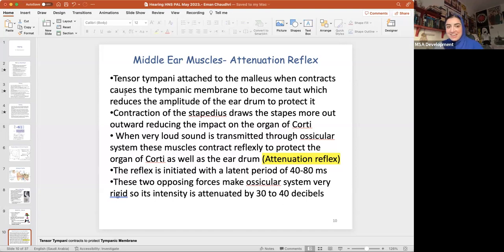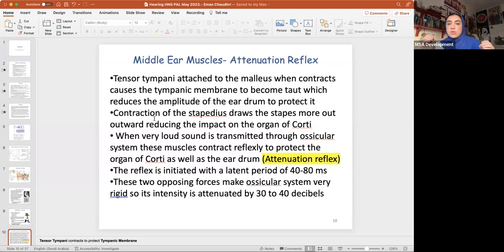I know I keep saying that, but this all kind of builds upon each other because sound travels from out to in. So we have to talk from out to in. So think of the tensor tympani acting on the tympanic membrane. So remember, membrane, malleus, tensor tympani, tympanic. So all those three structures, the tensor tympani, malleus, and the tympanic membrane act together, okay?